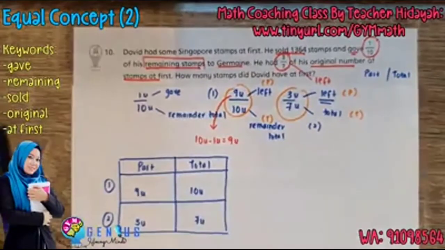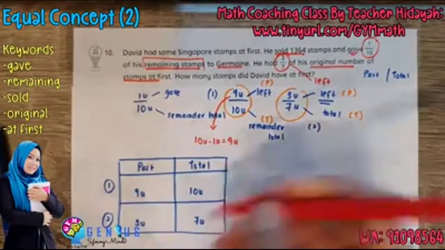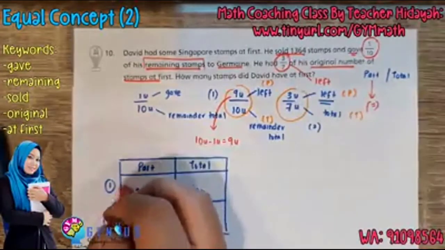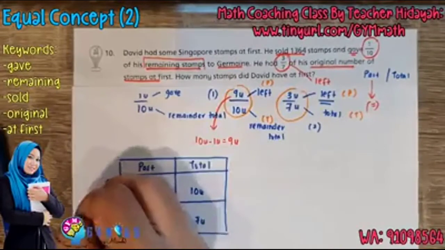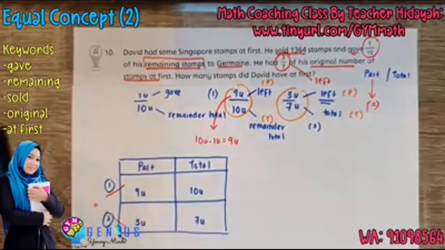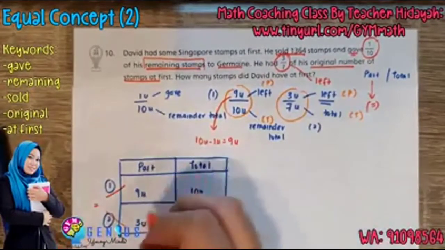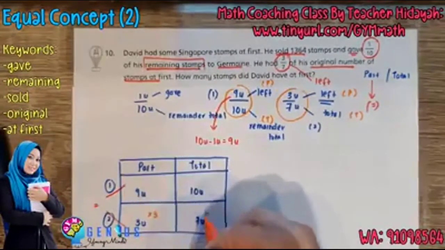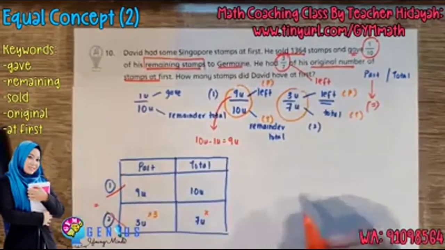Okay, so we know that for the equal concept, the part must be the same. This one must be equal. So here and here, for the first and second fraction, must be equal. But if you look at the boxes, they are not the same. So this 3 you have to times 3. And whatever you do to the box, the next box in the same row must do the same.